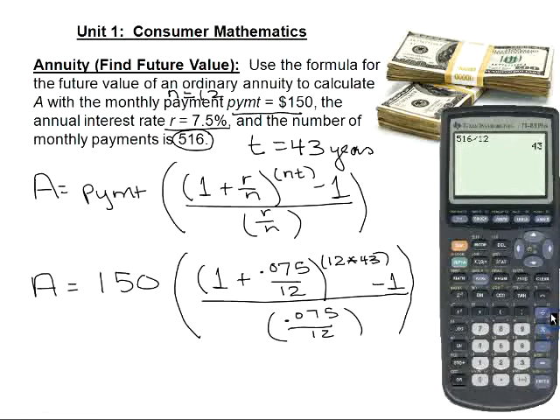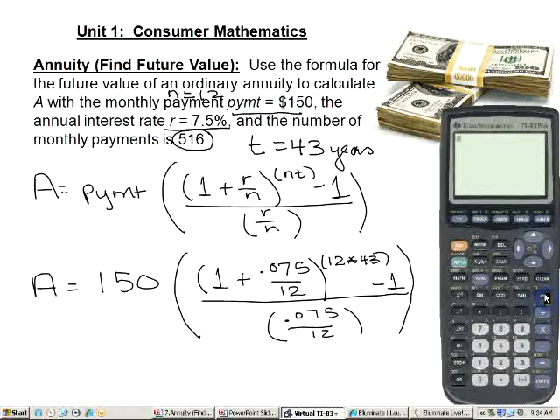And again, I need to very carefully put this in my calculator. The big issue here is correctly using my calculator. So I'm going to put the numerator inside first. Parentheses 1 plus 0.075 divided by 12, close parentheses, raised to the parentheses 12 times 43, close parentheses, minus 1, enter.